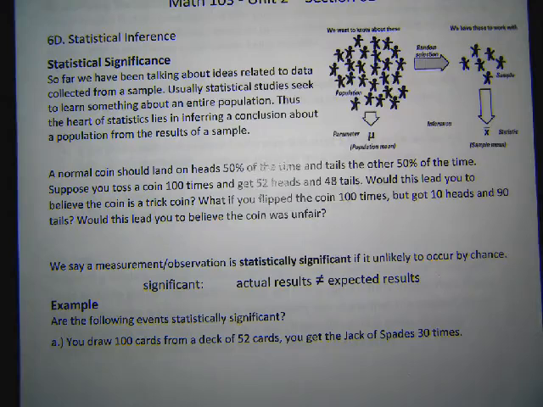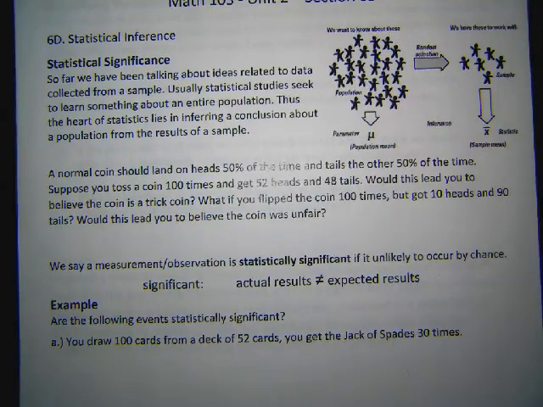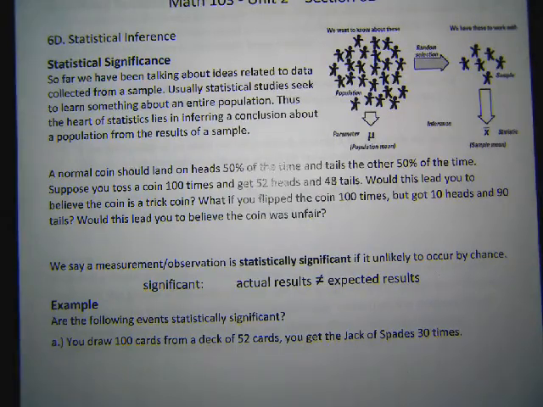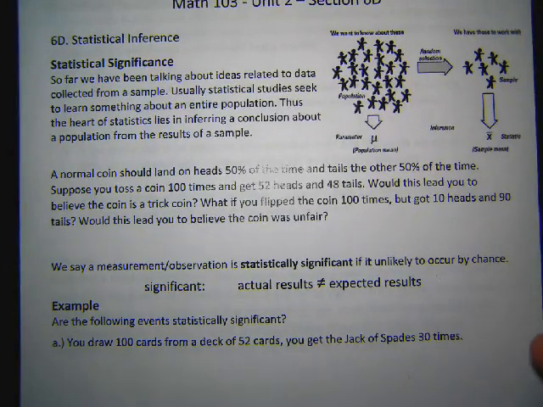So a big part of doing statistical inference is you look at your sample and see if it's unusual, if it's not what you expect. Because if it's very unexpected, it would probably mean that the data you're looking at is different from what you thought.